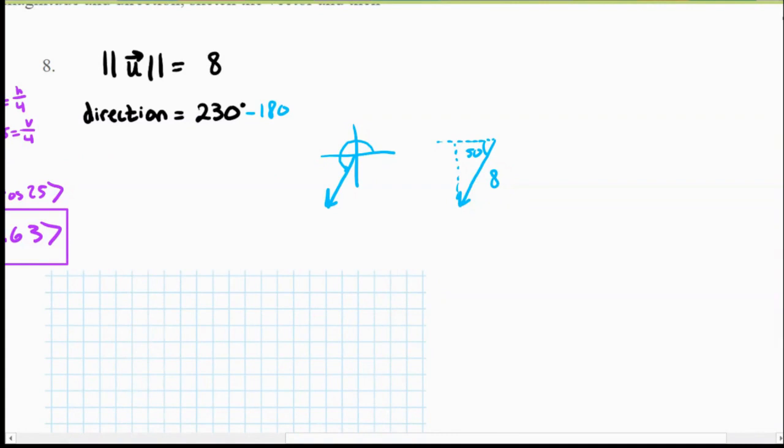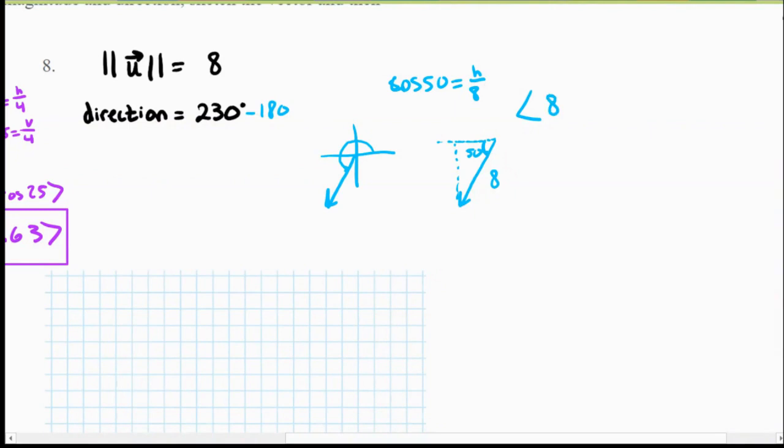This is where it gets a little bit tricky, because sine and cosine don't always necessarily represent the x or y values. It just depends on how you draw your angle. In this angle, different from the last one, the way that I drew this, my horizontal component is the adjacent side to this angle. So when I'm trying to solve for the horizontal component, I'm going to say cosine of 50 equals the horizontal over my hypotenuse, or the magnitude.